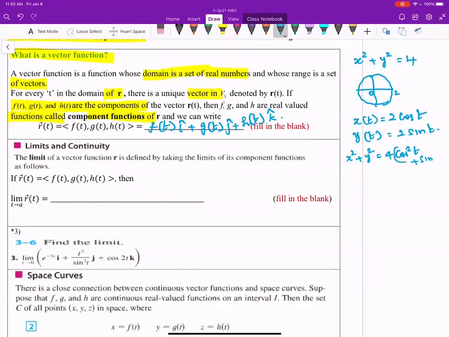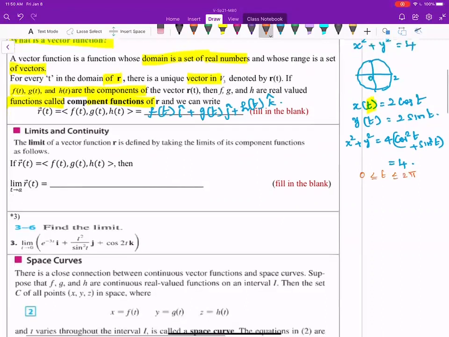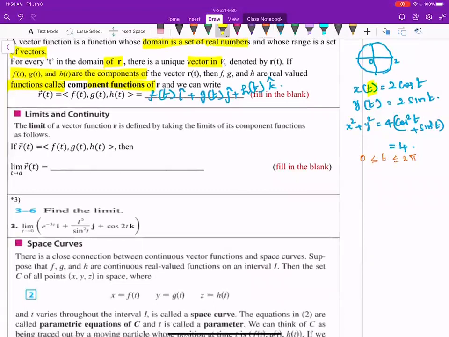So I can take the 4 out and this is equal to 4. And here t is said to be the parameter, and the parameter can be a real number from 0 to 2 pi, or we can give a restriction for t.